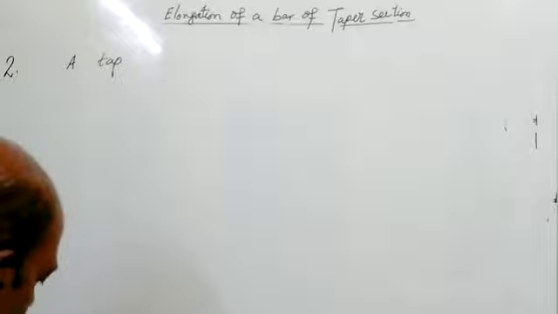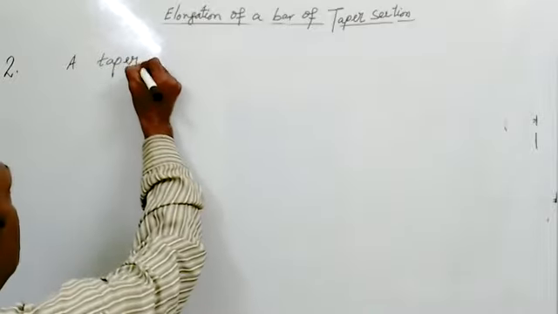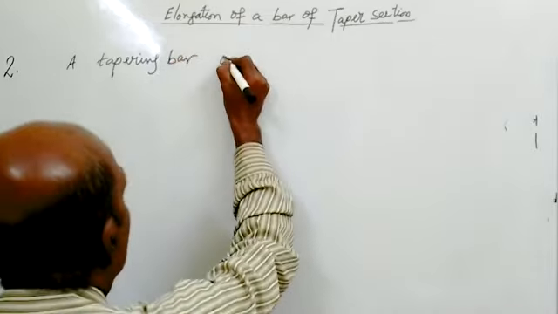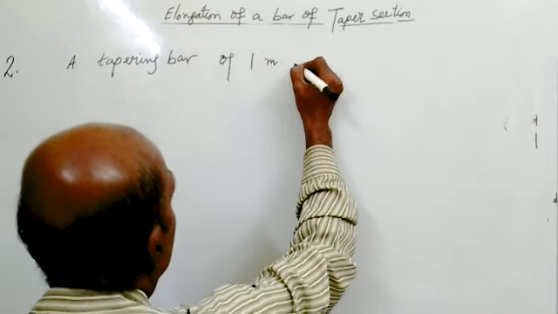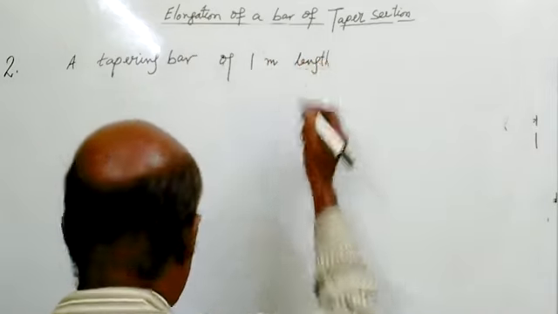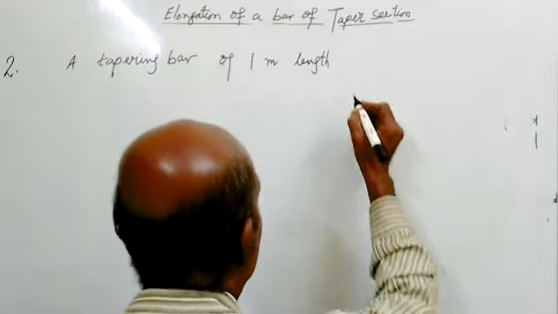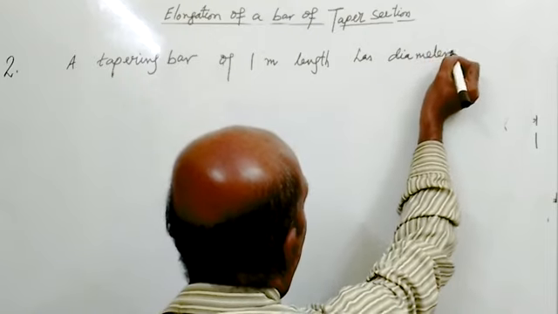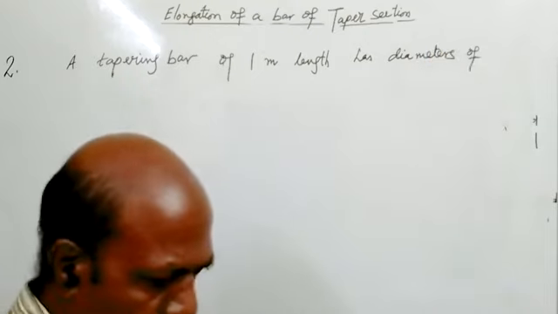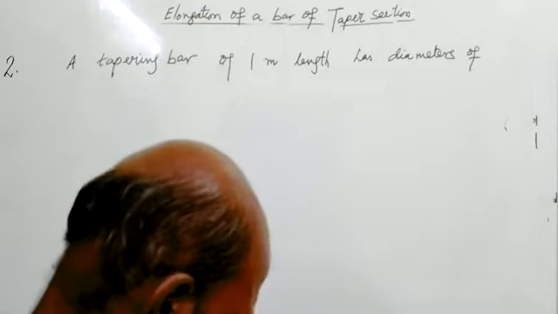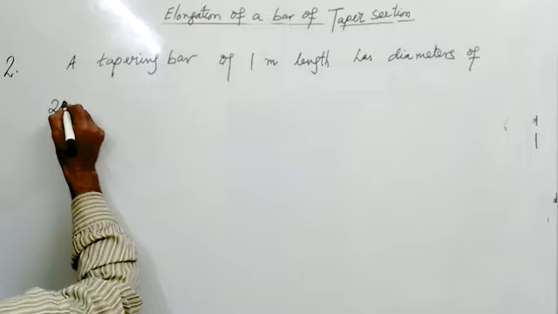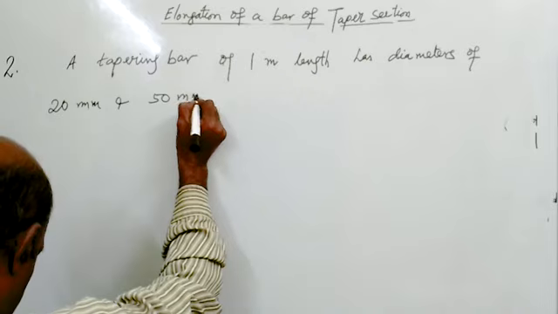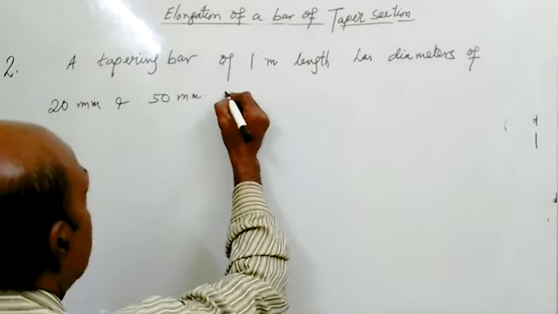A tapering bar of 1 meter length has diameters of 20 millimeter and 50 millimeter at the two ends.